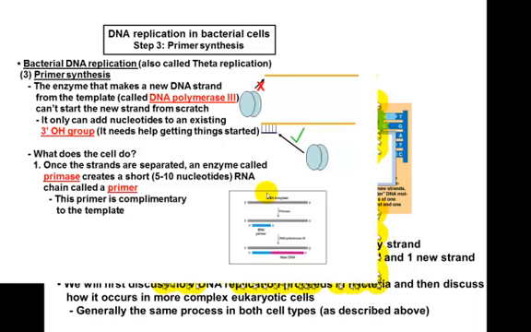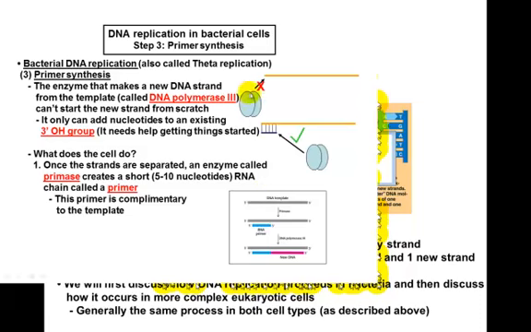How is it going to get the free 3' OH if this is the opening of the fork and there is nothing in the middle? So in order for it to start synthesizing, it needs a primer. It needs something that is going to get in there and make this free 3' OH so DNA polymerase can take over. And what makes that is RNA primase.